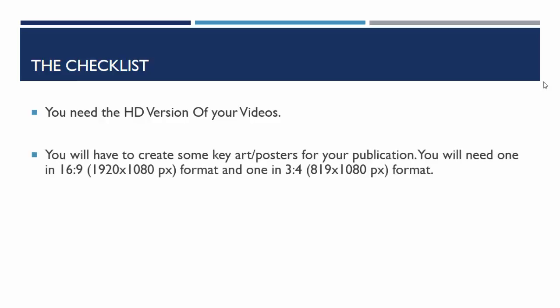The second thing is that you will have to create some key art or posters, background images, practically promotional images for your videos that you will publish on Amazon Video Direct. You will need one in a 16:9 format. You have the pixels there if you do not know exactly what that ratio looks like, and one in 3:4 format.